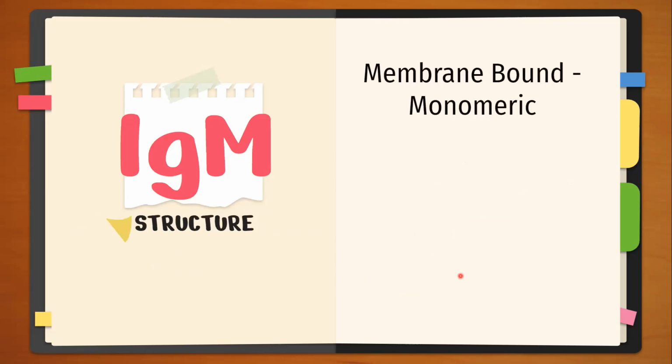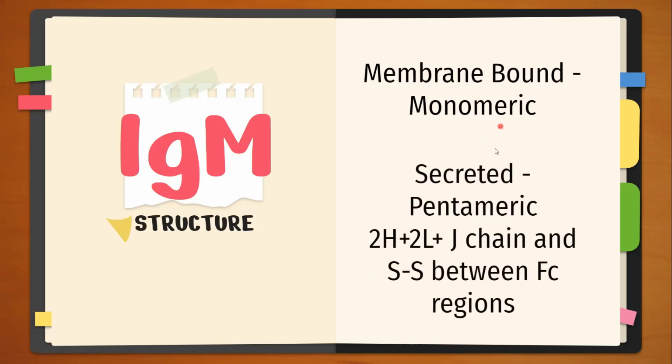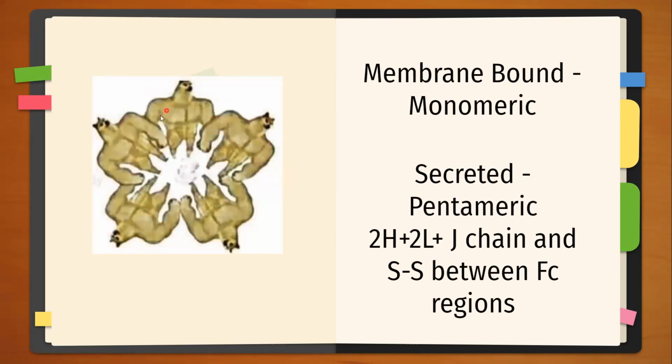Next is the structure. So IgM, if it is membrane bound, it is monomeric. If it is secreted, then basically it is present as a pentamer. So this is a very nice way to remember a pentamer. It has two heavy chains, two light chains.